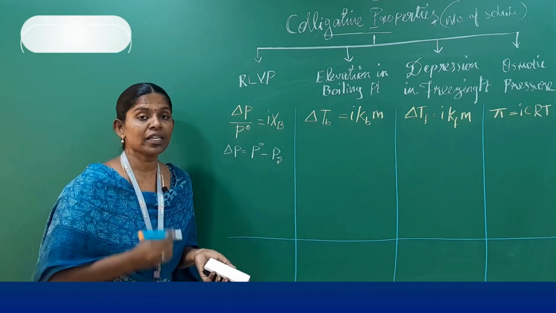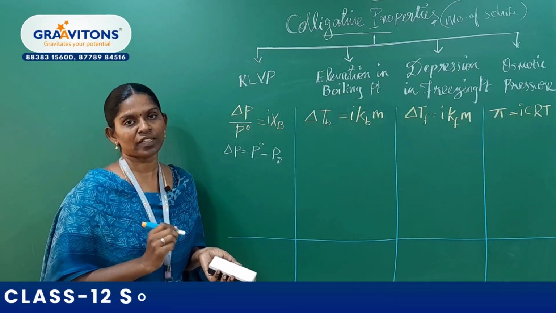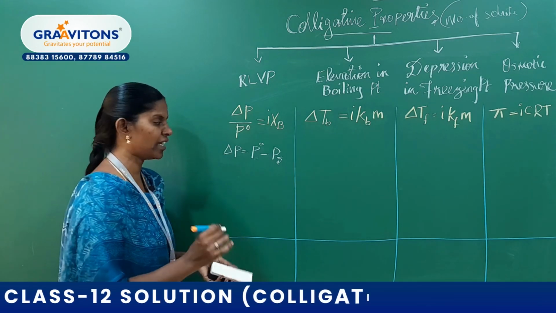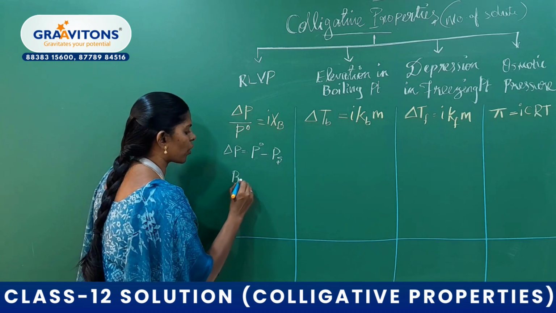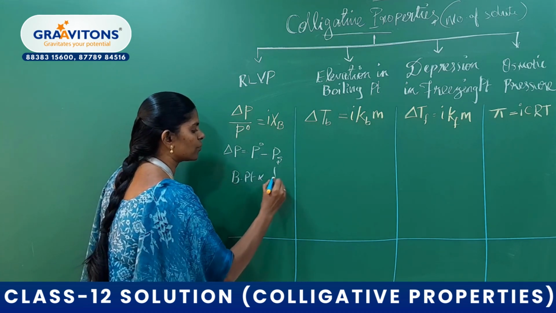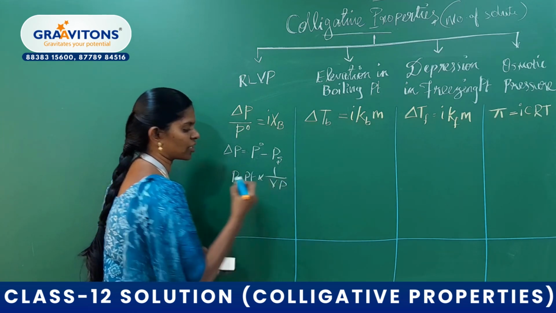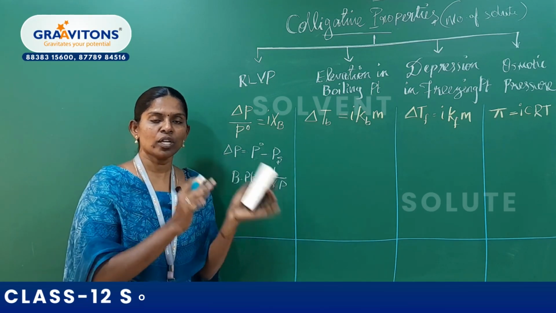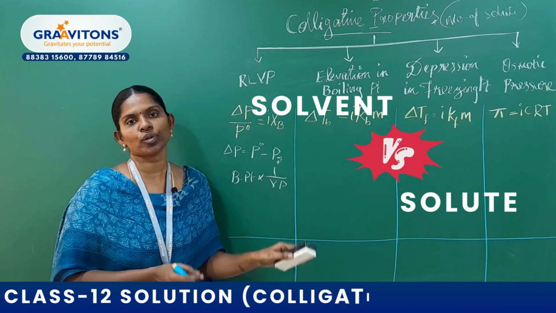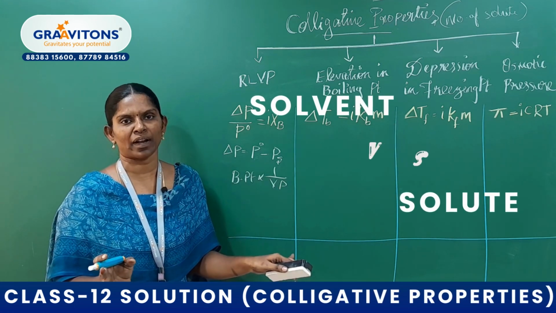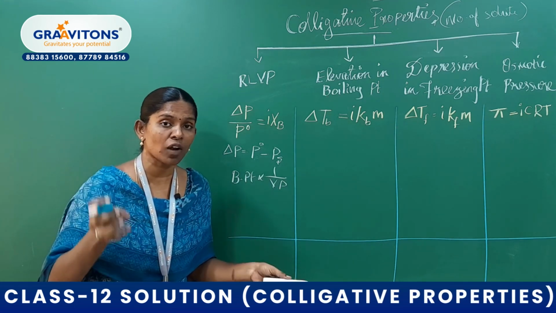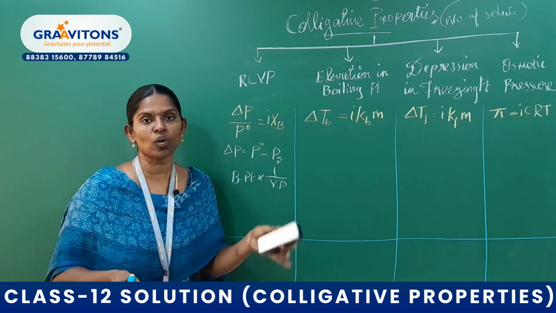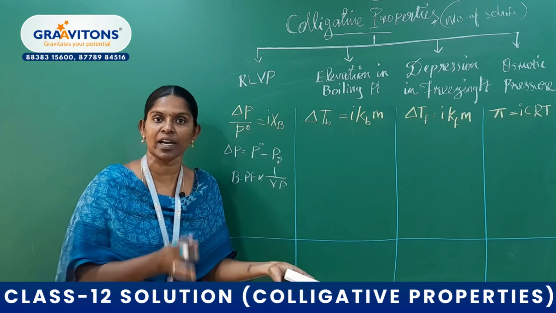We already know a key relation: boiling point is inversely proportional to vapor pressure. If we compare the boiling point of pure solvent and solution, the boiling point of solvent is lower, but the boiling point of solution is higher.